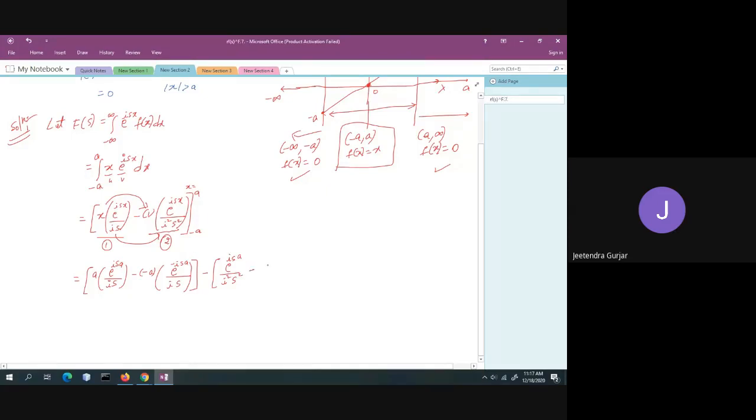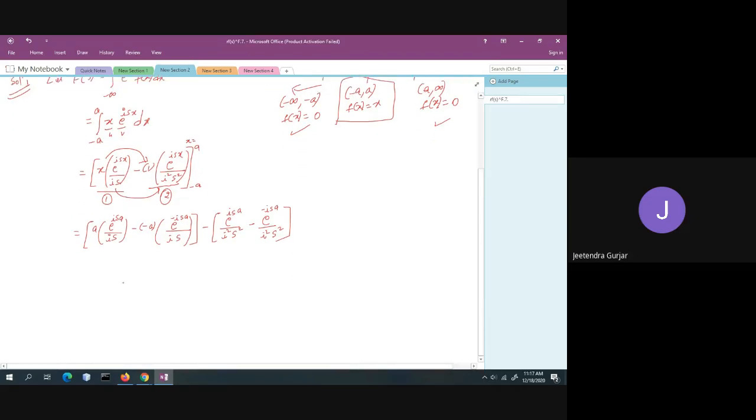Then minus, again I will take x is equal to minus a now. So this is e raised to minus i s a divided by i square s square. Is it clear? So I have substituted the second value, that is x is equal to a and x is equal to minus a. So continue the integration, students. You should be perfect now.